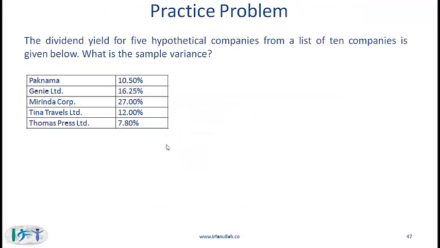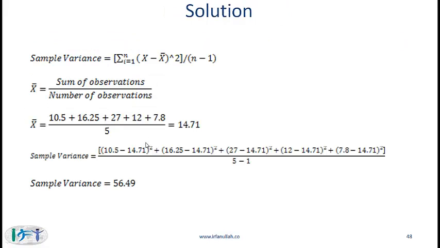Now let's do this problem. You are given the following companies and you are given the dividend yield, which is very high, but nevertheless, let's look at these numbers. The sample variance, notice, is the same formula except for the n minus 1. X bar is the sum of observations divided by number of observations.